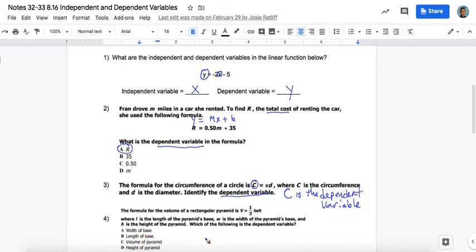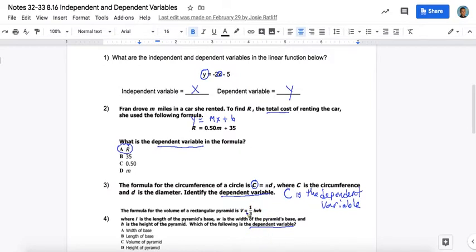Okay, number 4. The formula for the volume of a rectangular prism is V equals 1/3 length times width times height, where L is the length of the pyramid's base, W is the width of the pyramid's base, and H is the height of the pyramid. Which of the following is the dependent variable? So the volume is going to depend on what the length, width, and height are.